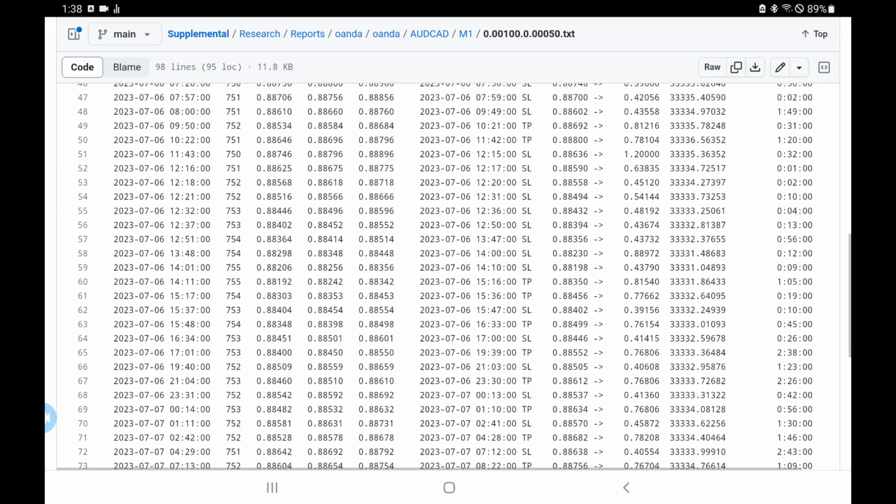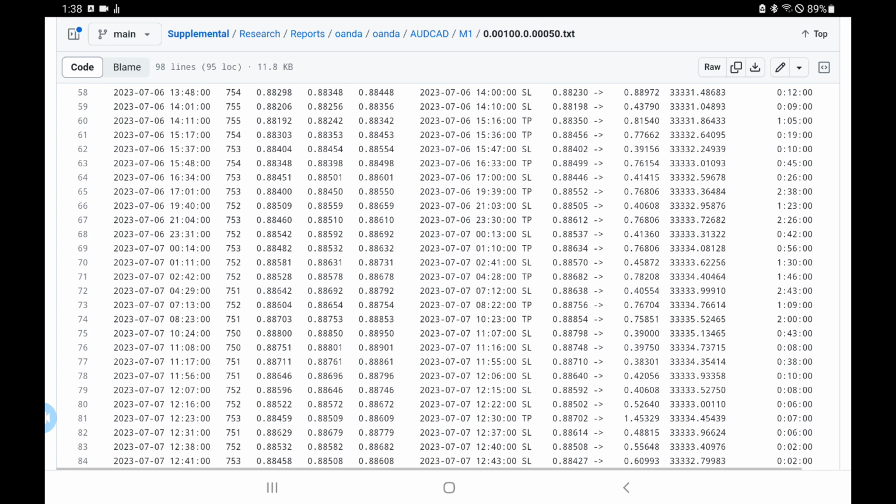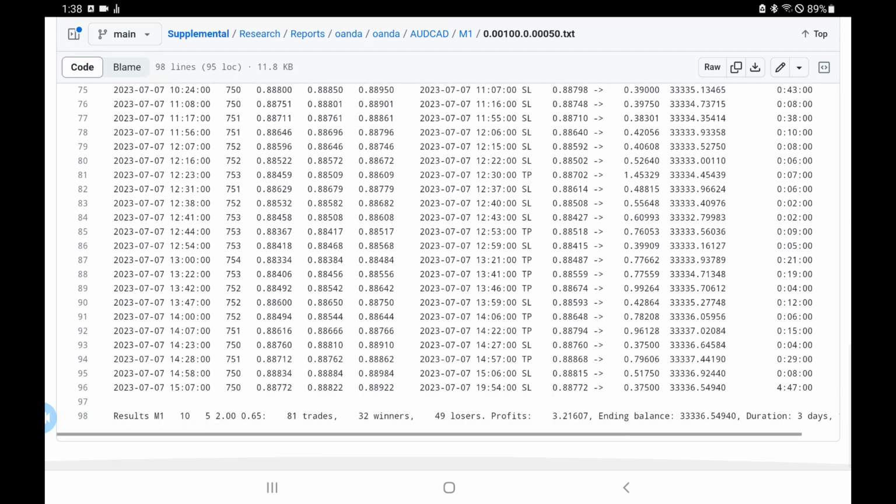We can see just how many trades it took. It took quite a bit. So we had 81 trades, 32 winners, 49 losses. But the irony of this, the weird part of this, we actually made money. Think about that. We made money even though we didn't even make a 50% win rate.